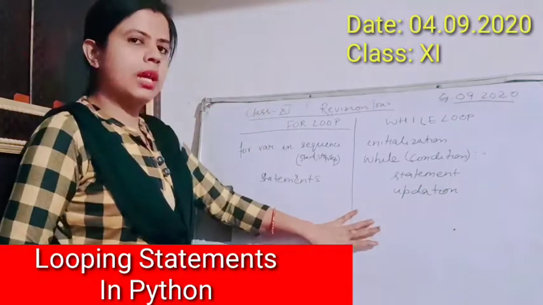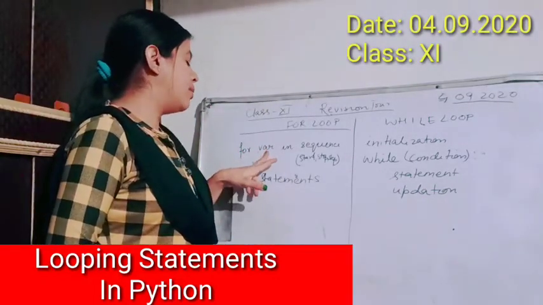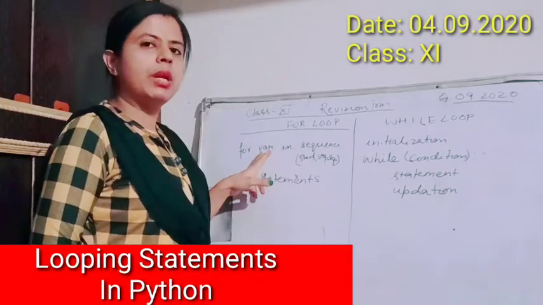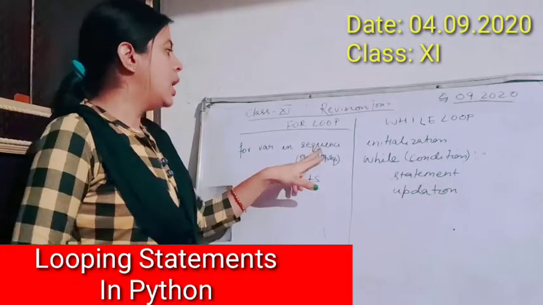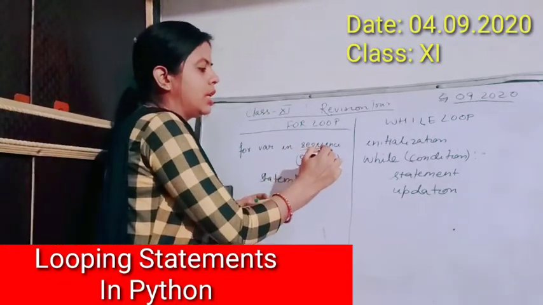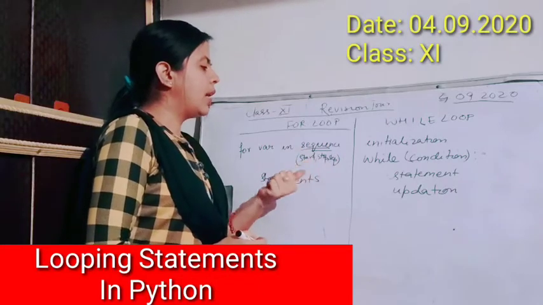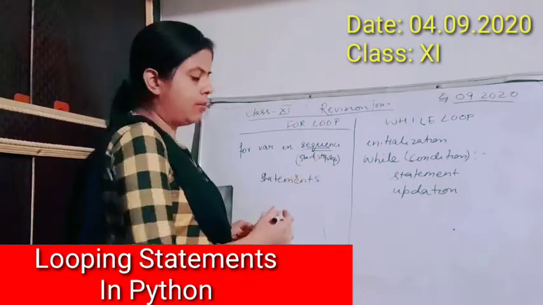So you can see here that I have used the for loop with a variable. Here we use a variable name, which can be any variable name. In is the membership operator, and in sequence we will use the range function. Now here we have to write start, stop and step value. Suppose I have to print the numbers from 1 to 10.